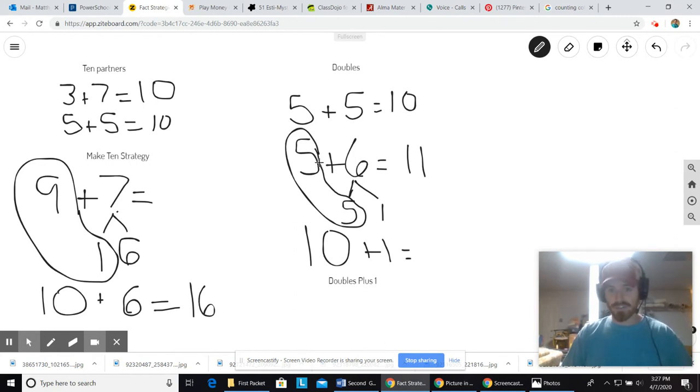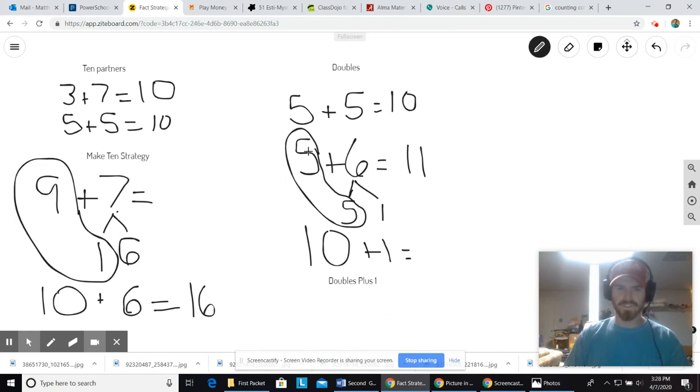If you know that 5 and 5 make 10 and you're given 5 plus 6, well, if you know the parts that could come together to make 6, like 6 and 0 make 6, 2 and 4 make 6, 1 and 5 make 6, 3 and 3 make 6. Which one of those pairs would be most helpful here?